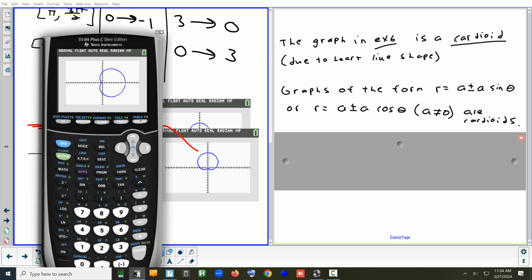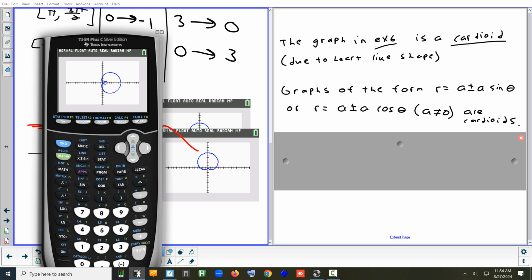Now, if you start changing the two numbers and you don't have them equal, that's no longer a cardioid. It falls into a family of functions, but you start getting it looping in on itself. And according to our book, that's not the definition of a cardioid. The two numbers have to be the same.